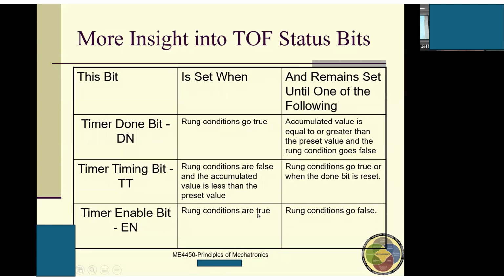The enable bit is the same as the TON: it is true when the run condition is true, and goes false when the run condition goes false. The done bit is set when the run condition goes false and the accumulated value is equal to or greater than the preset value, and it remains set until the run condition goes true. The timing bit is set when the run conditions are false and the accumulated value is less than the preset value, until the run condition goes true, or when the done bit is reset.